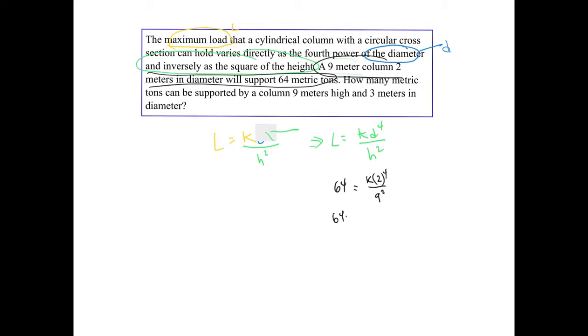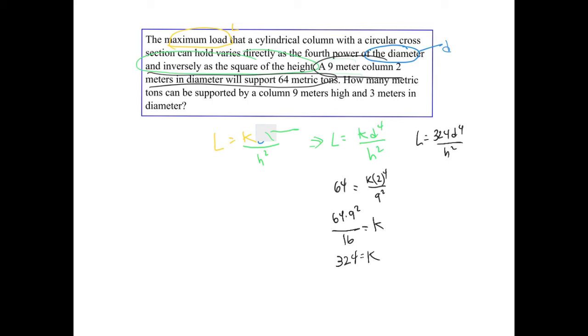Let's see, 64 times 9 squared divided by 16 is K, because I multiply both sides by 9 squared and then divide both sides by that 2 to the 4th. That would give me 4 times 9 squared, which is 4 times 81, so that's 324 is my K. So my relationship in this problem then is L equals 324 D to the 4th over H squared.